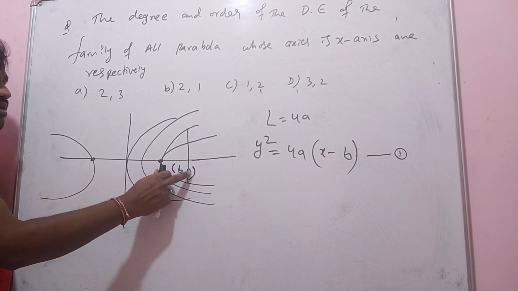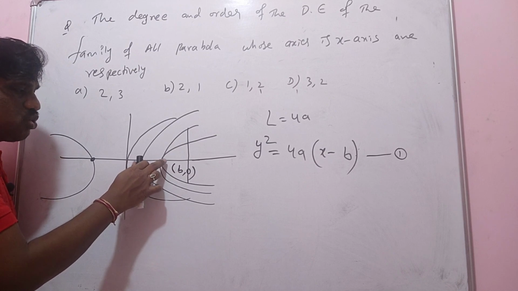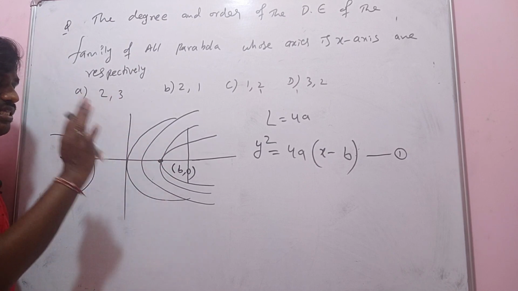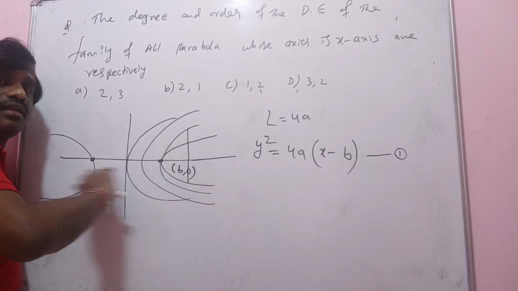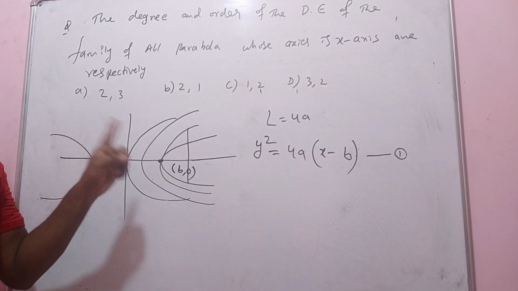That's why we mentioned b comma 0 is the vertex. It means b can be any real number on the x-axis. So y square equal to 4a(x minus b) is the parabola.